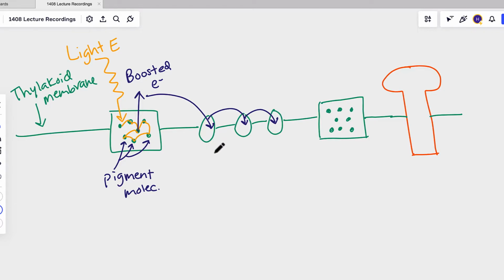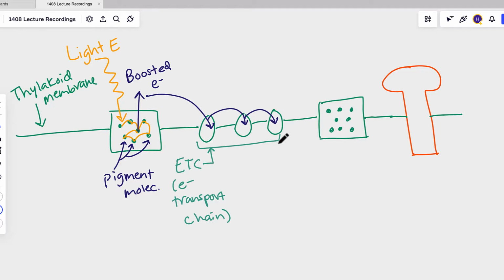It again is an electron transport chain. That makes sense. So this is the ETC, or electron transport chain. A different chain than they have in cellular respiration, but it does exactly the same thing as far as function goes.